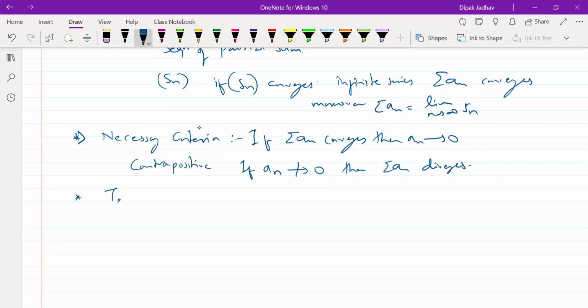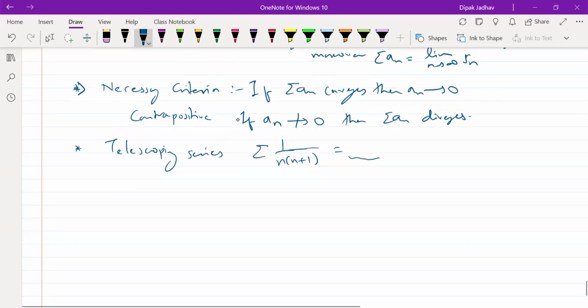Then we have seen some telescoping kind of series, for example, summation 1 by n into n plus 1. We can actually compute this infinite sum. Then we have seen something called the geometric series.